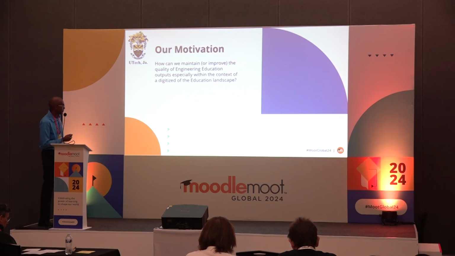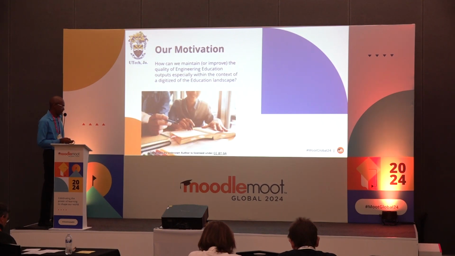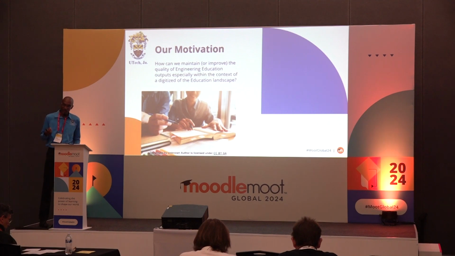Now, let's say 15, 20 years ago, this is a typical picture of what an engineering student may look like doing an assignment. And what's important is, as we go forward, there are certain elements of engineering education, and I'm thinking physical engineering, because there's also digital and other spaces.